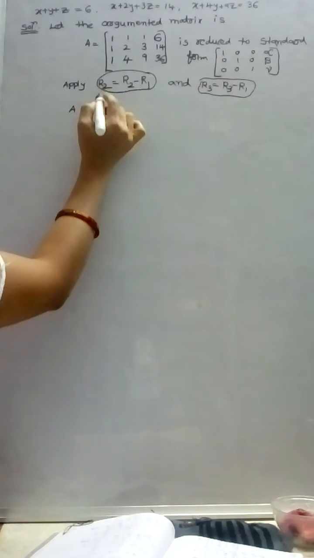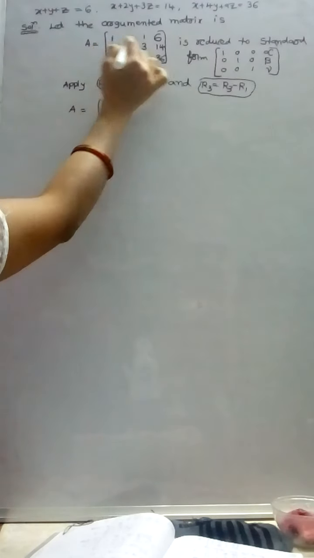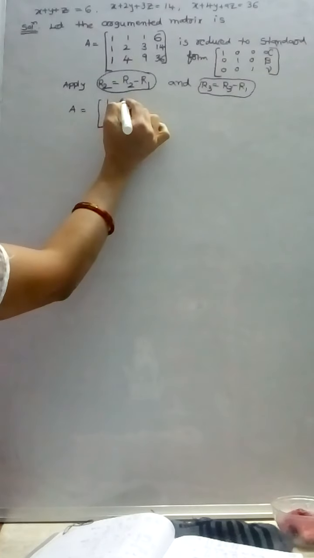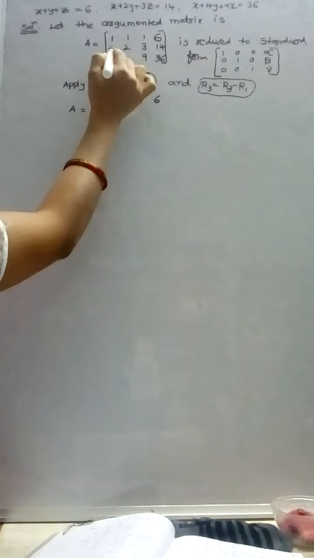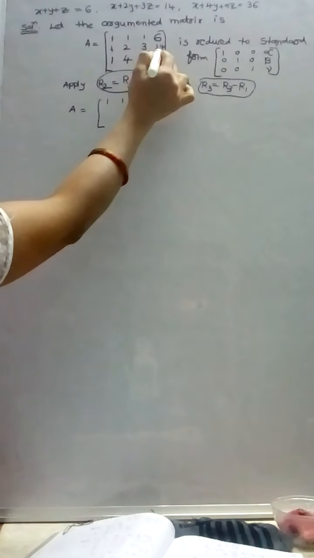Next, A is changed: the first row stays 1 1 1 6. For the second row, using R2 minus R1, we change the elements.